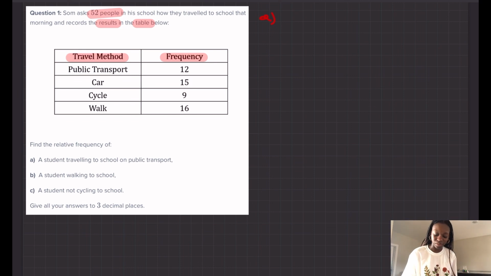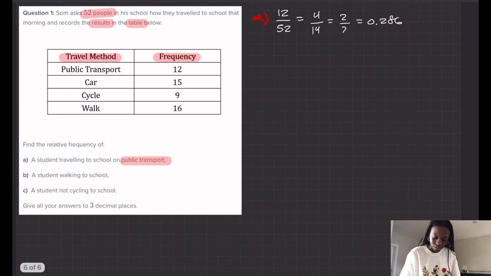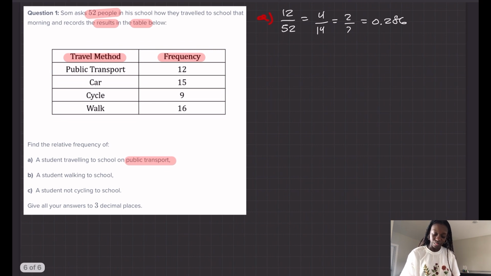In fact, I'm almost tempted to try this by myself. It would be 3 over, no, my bad. It would be 4 over 14, which would be 2 over 7, a fraction I still do not know. All right, so it would be 0.286, right?